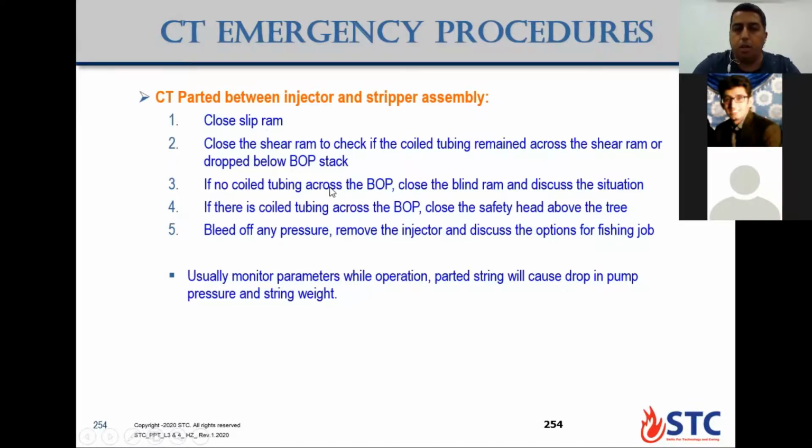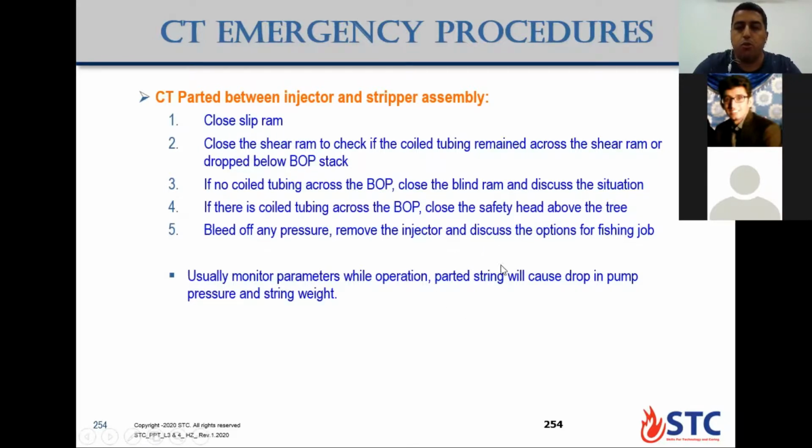If no coil tubing across the BOP, then you will close the blind ram, so the coil tubing is dropped. You will close the blind ram and discuss the situation. If there is coil tubing across the BOP, you will close the shear seal above the tree. Bleed off any pressure, remove the injector, and start the options for the fishing job.